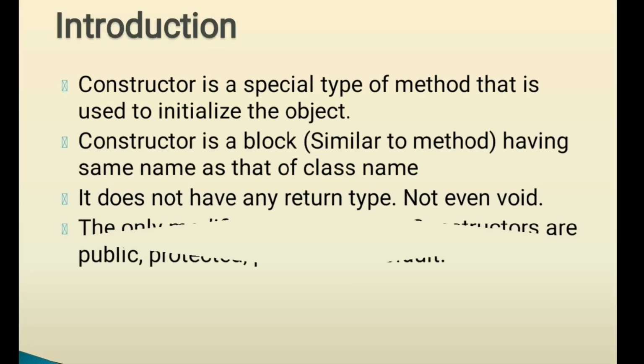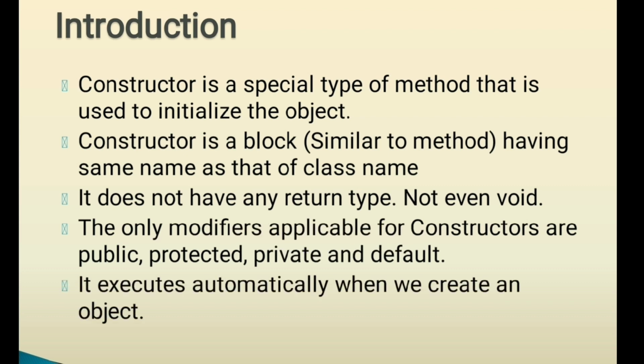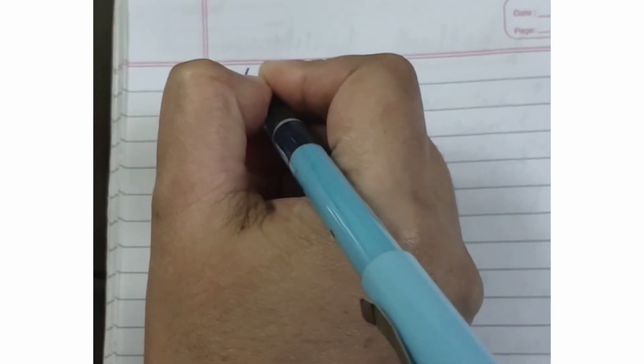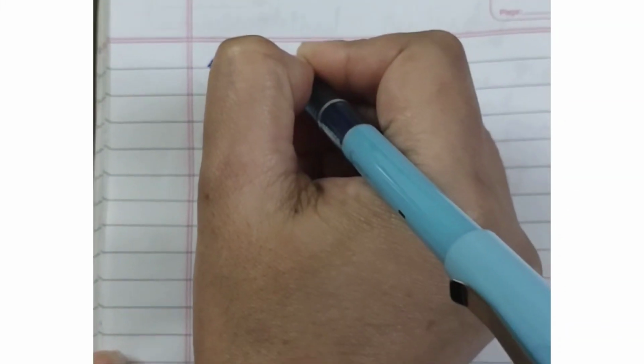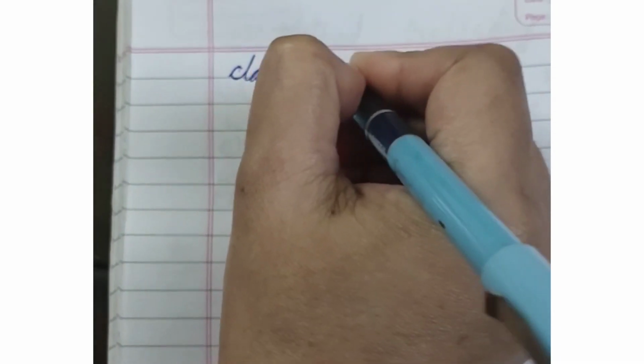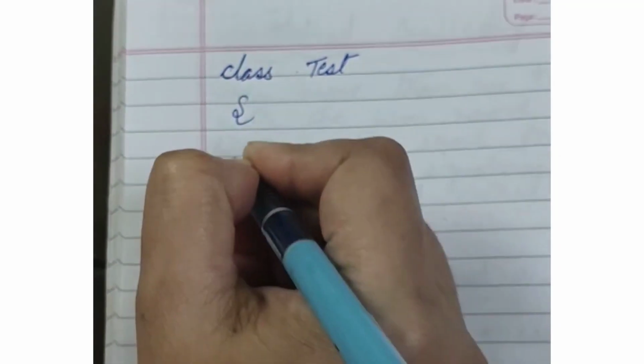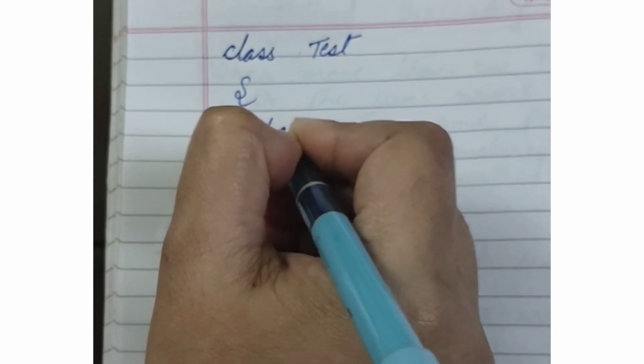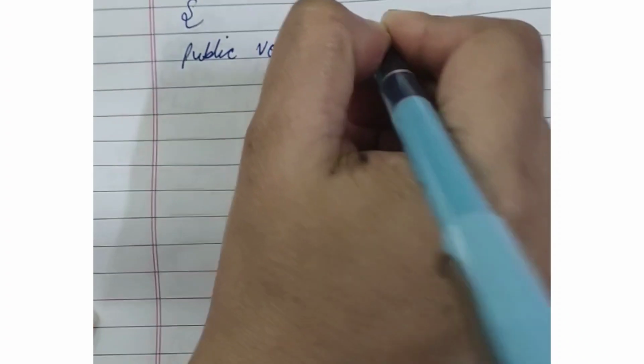Constructor is a special type of method that is used to initialize the object. Constructor is a block similar to method having the same name as that of the class name. Class is test, public void test.